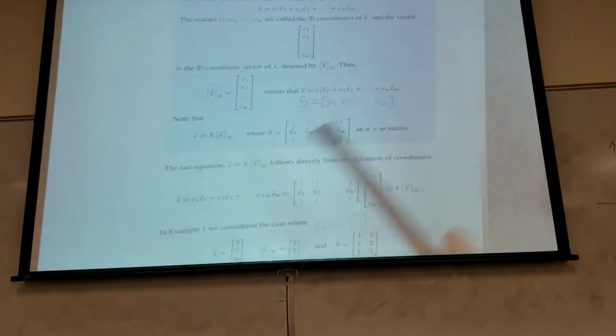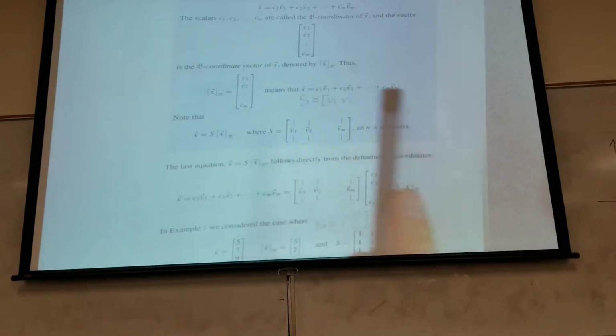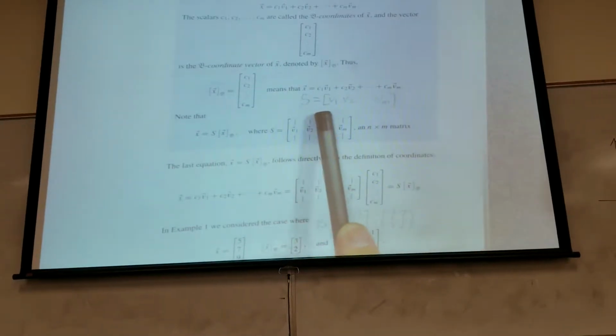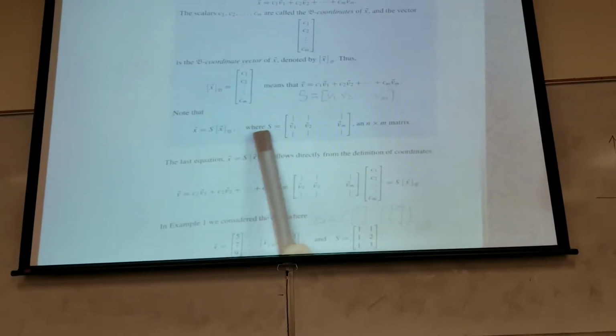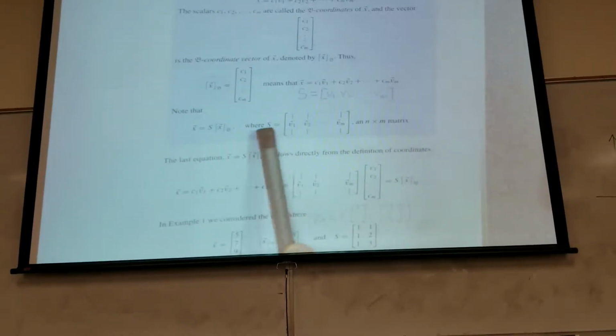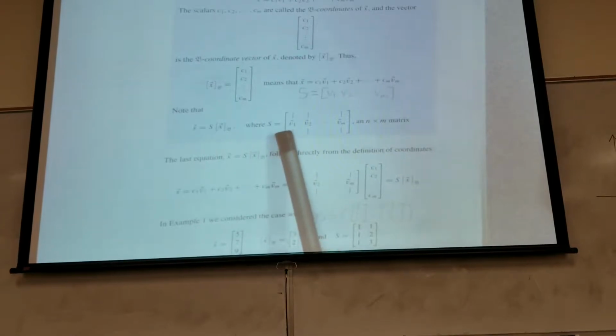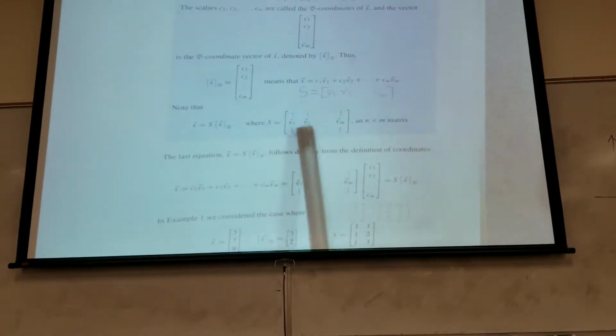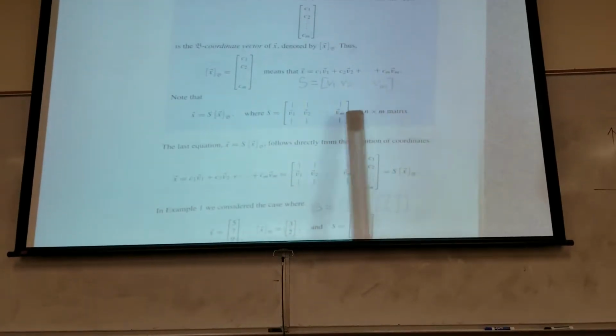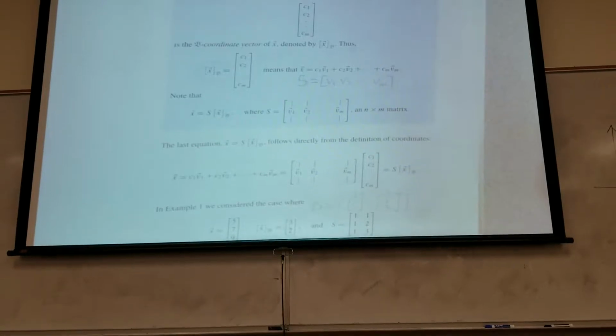So now, let's do a little bit more. Here we introduce matrix S. So what is this matrix S? Its columns are the basis vectors, V1, V2, all the way to Vm.